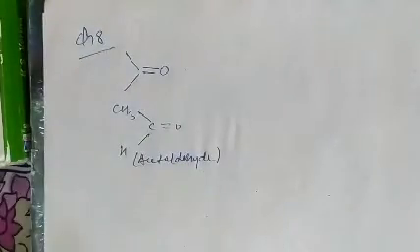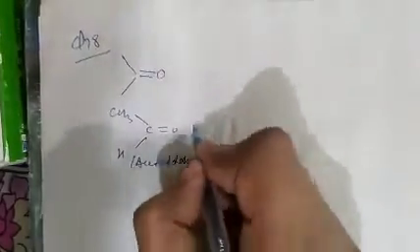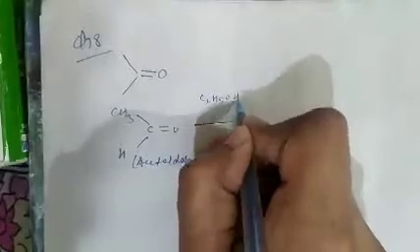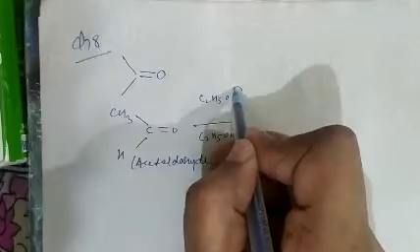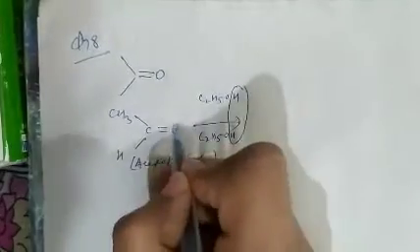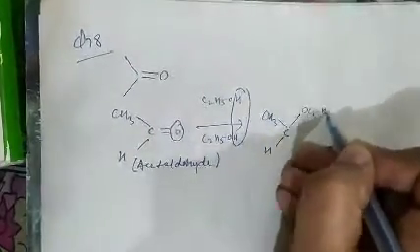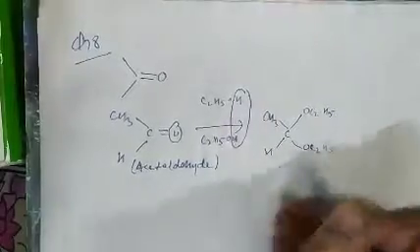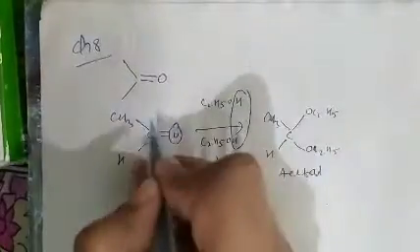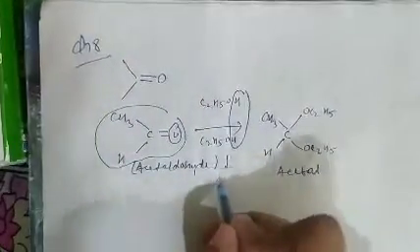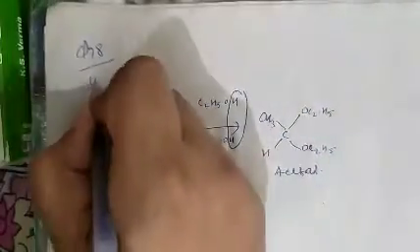So when acetaldehyde reacts with alcohol, C2H5OH, two molecules are reacting here. With removal of water, 2 hydrogen and 1 oxygen will be removed and it forms CH3 CH OC2H5 and OC2H5. This is called an acetal. So basically an acetal is formed when an aldehyde reacts with alcohol in the presence of dry HCl. So question number 78, option A is correct.